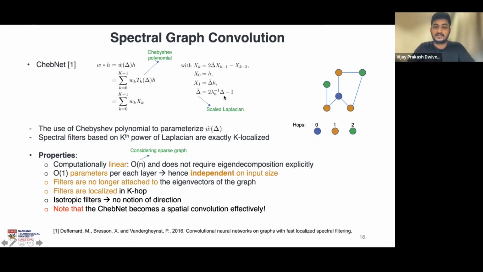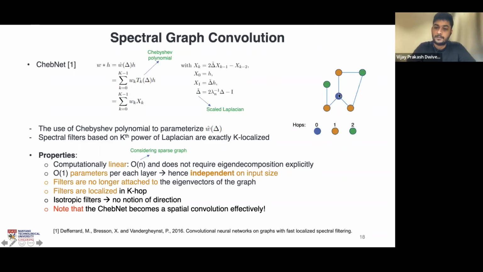For understanding, you can see it's just a Laplacian. So if we have, let's say, k as 3 or 2, we are having a multiplication of this Laplacian, and because the kth power of the Laplacian is taken, the feature that it tries to encode becomes exactly k localized.